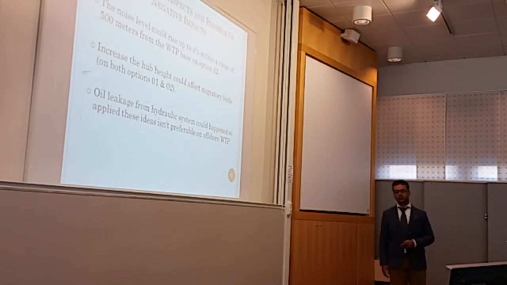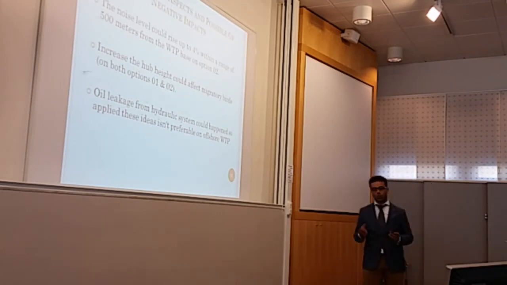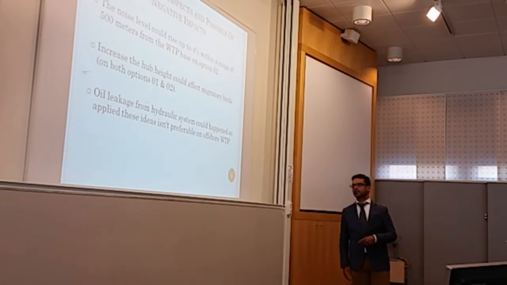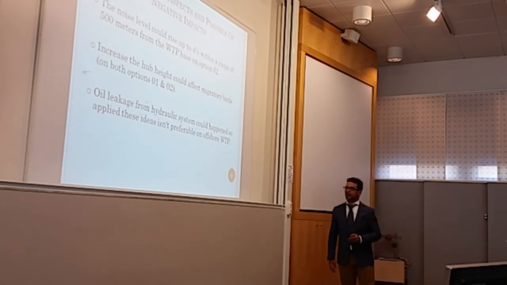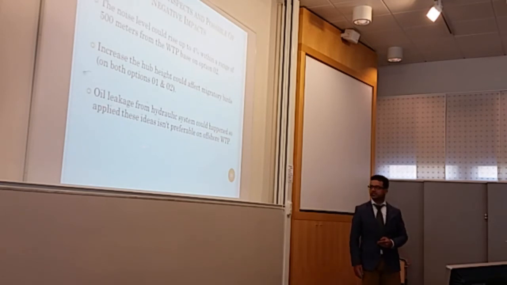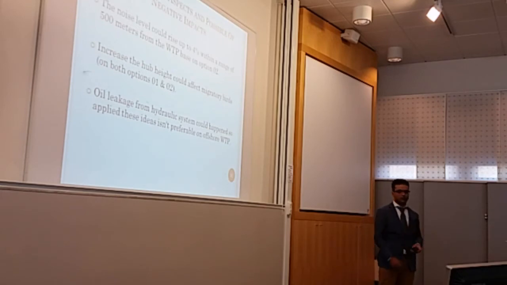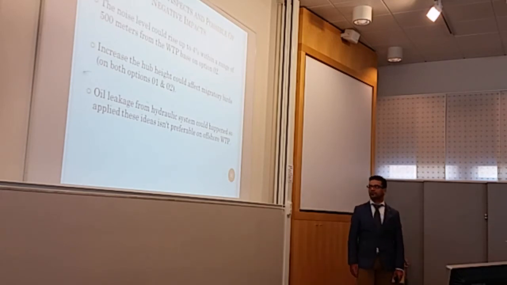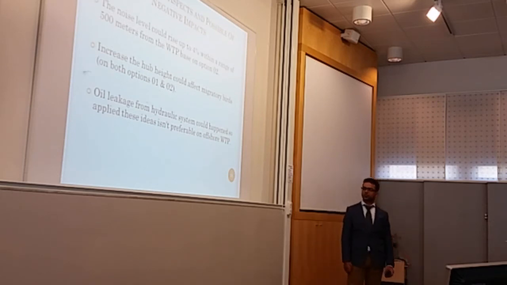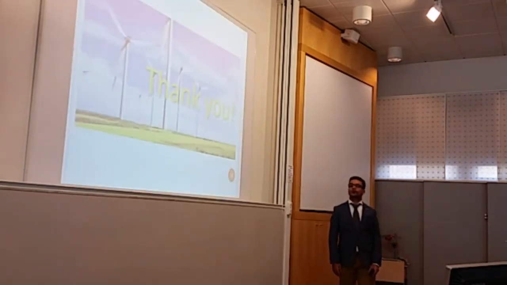Number three, because we are using a hydraulic lift system, some oil leakage may happen during operation or maintenance. So we don't prefer using it offshore, because if the oil gets into the ocean or the sea, the environmental impact is not good. That's all. Thank you all.